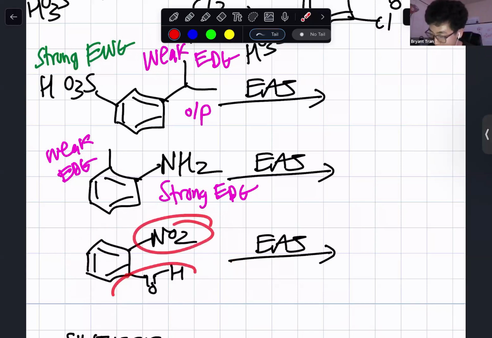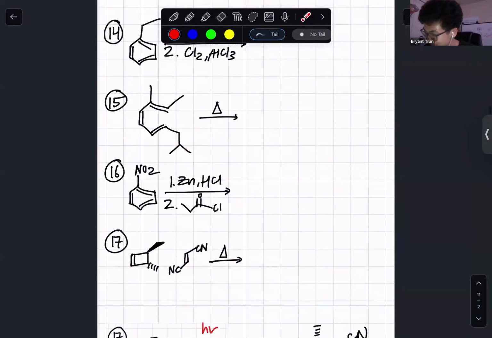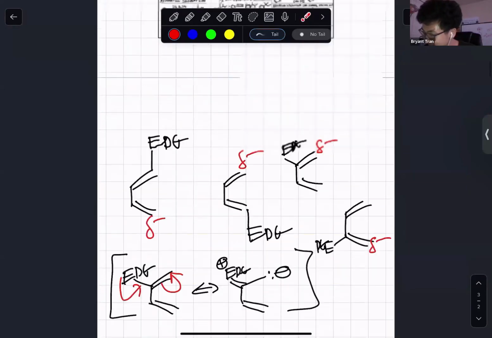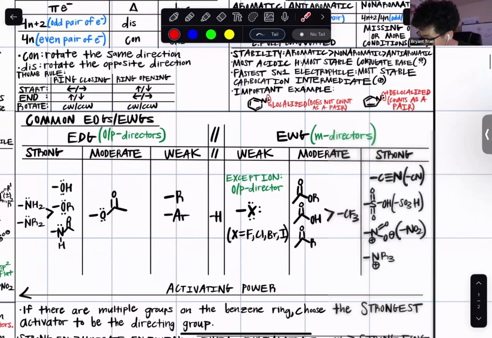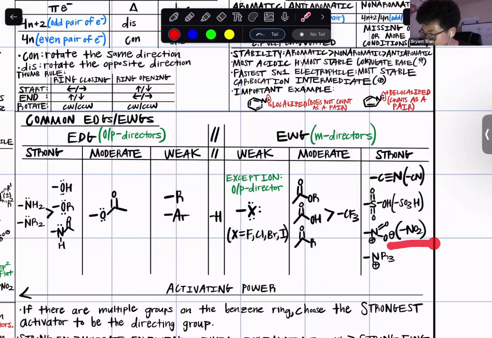The NO2 or the aldehyde? So let's look at the chart here of the strengths of EDGs and EWGs. NO2 is a strong EWG. A carbonyl is going to be a moderate EWG.